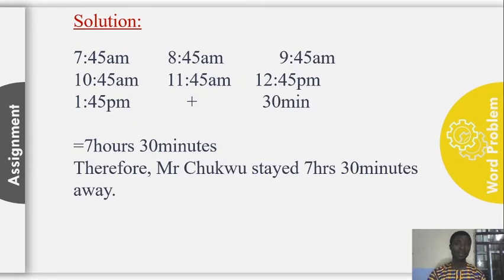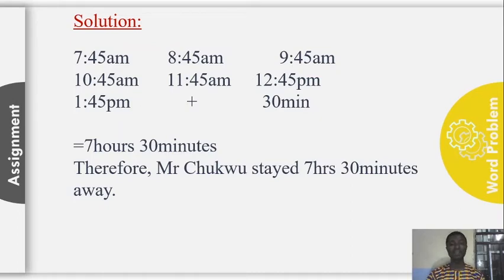First, you note that from 6:45 a.m., the next 1 hour will be 7:45 a.m. So just start exactly at the next 1 hour and start counting from there. If he left home at 6:45 a.m., the next 1 hour will be 7:45 a.m. So you keep counting.